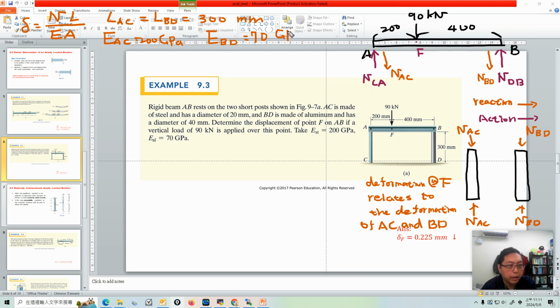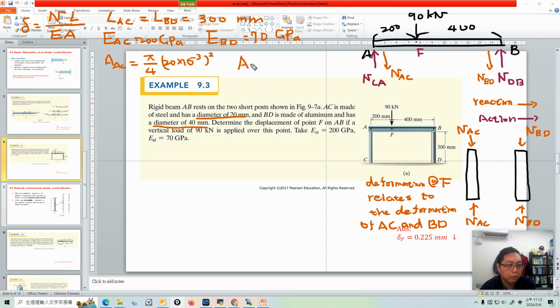Okay. And do we have the same cross-section area? No, because AC has a diameter of 20 millimeter, BD has a diameter of 40 millimeters, so they have different cross-section area. So be careful. A_AC is equal to, it gives you a diameter, so it's pi over 4 times 20 times 10 to the power minus 3 squared.